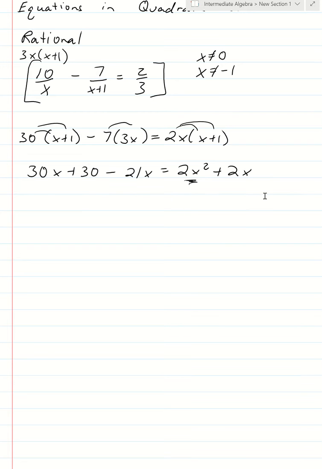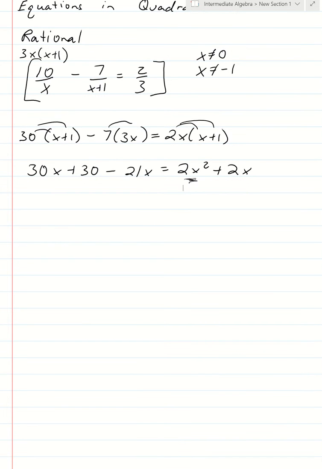Well, in order for us to solve this quadratic, we need to simplify and get one side equal to 0. And so I'm going to combine my like terms here on the left side. 30x minus the 21x, that of course would give us 9x plus 30 equals the 2x squared plus 2x. I'm going to get one side equal to 0.